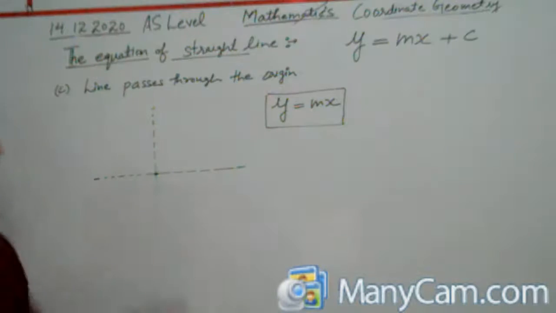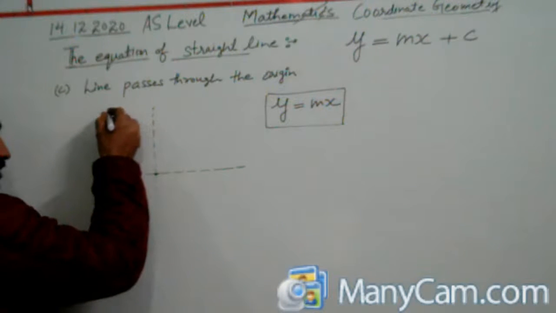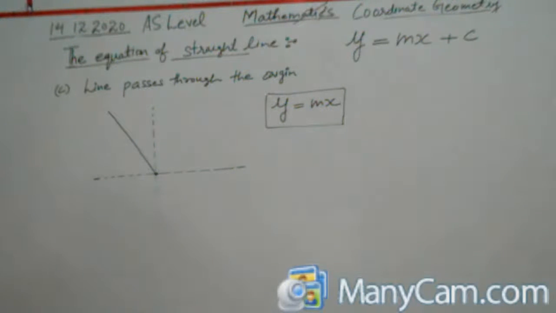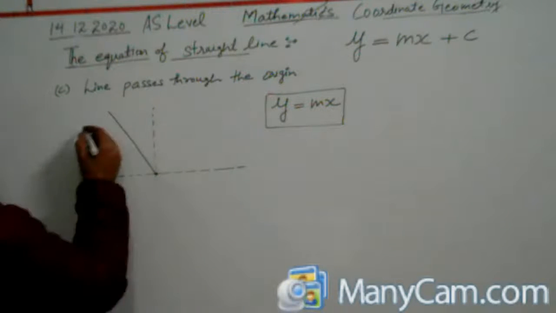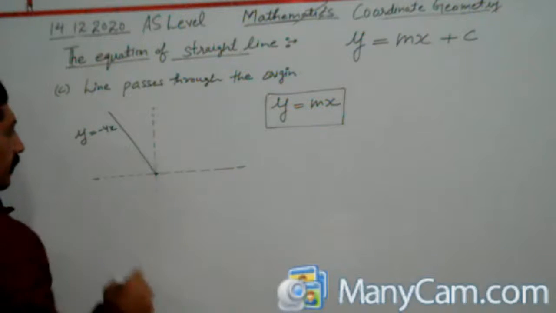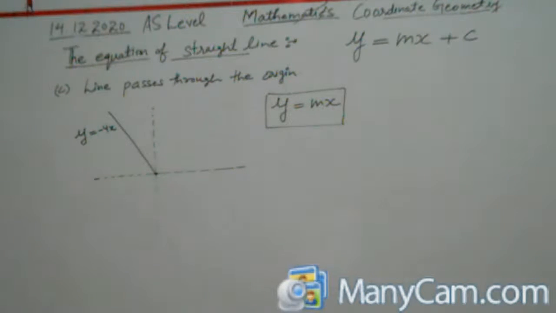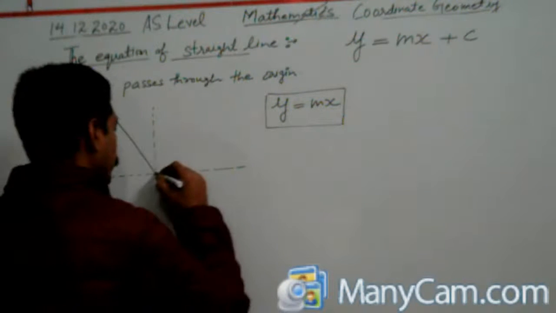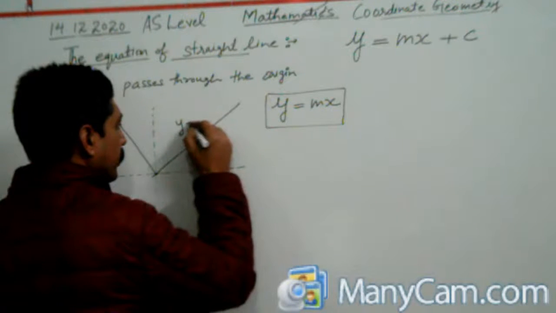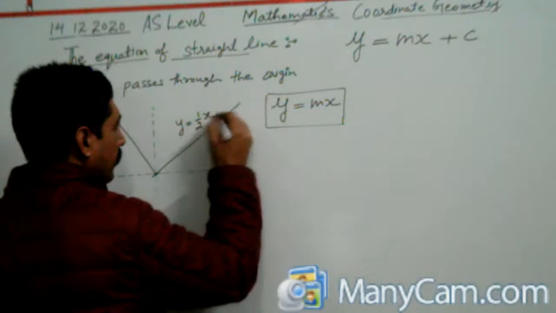I will give you one example. If a line is passing through in this way, right? The equation is, if you plot y is equal to minus 4x, right? One more equation we can write is y is equal to half of x. We will plot the graph.